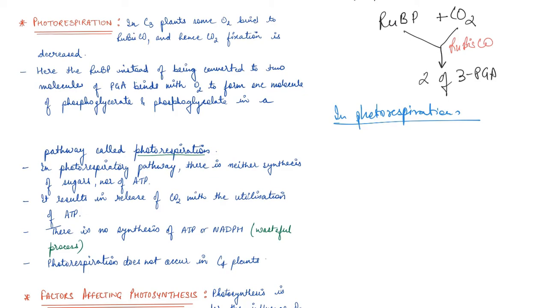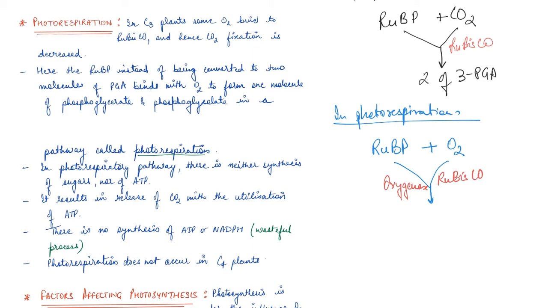What is happening? RuBP binds with oxygen, right? And here it is again using RuBisCO, but the oxygenase part of RuBisCO, okay? Oxygenase basically, right? And what it is producing?